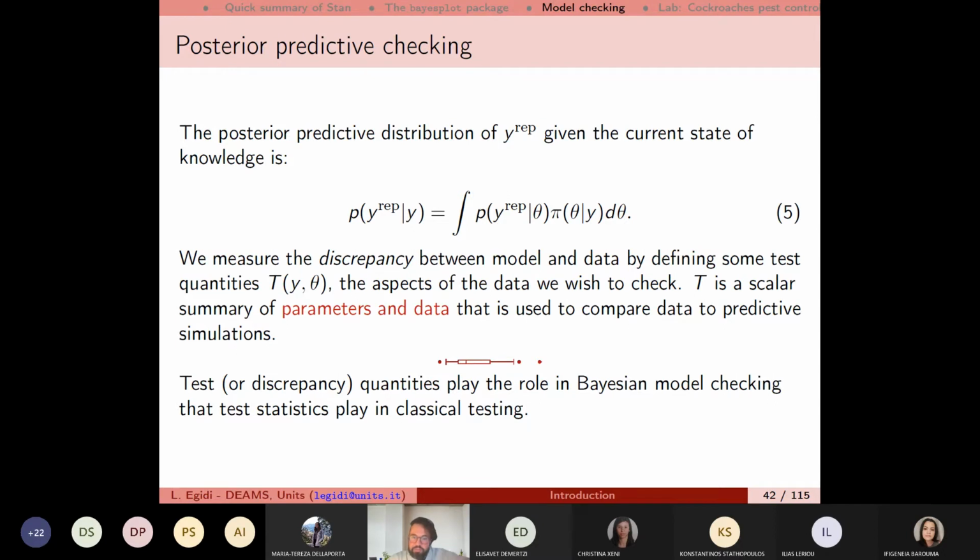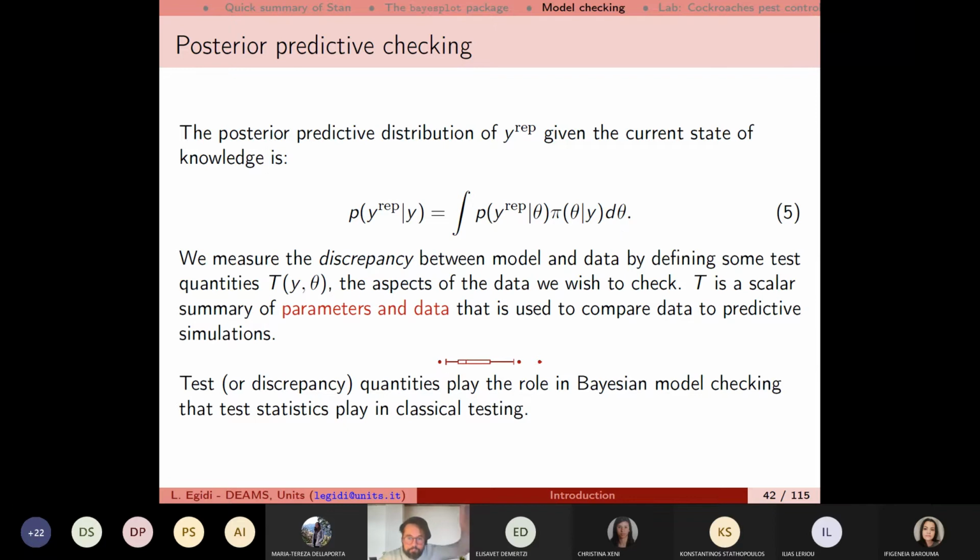So basically, the logic of Stan is to approximate the posterior predictive distribution, which is usually unknown and intractable, except in a few cases, by a discrete process.